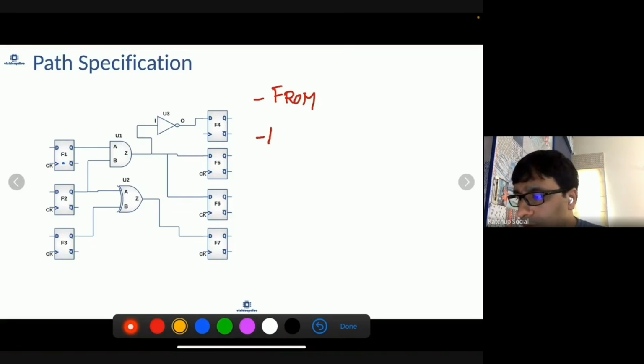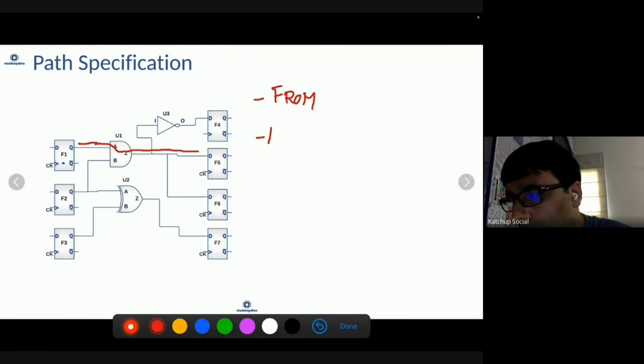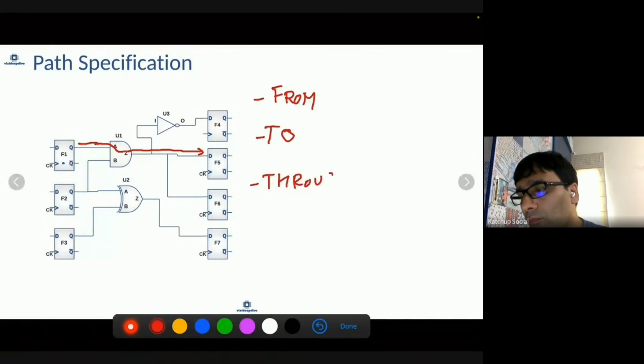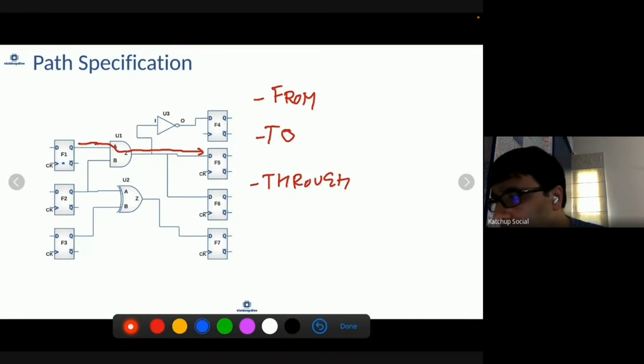Let's say we want to do something on a particular path, starting from F1, going to here and here. So this is one particular path. Now, in order to specify this path, we'll say the from option is F1CK, because that is the start point. This is where the path starts.